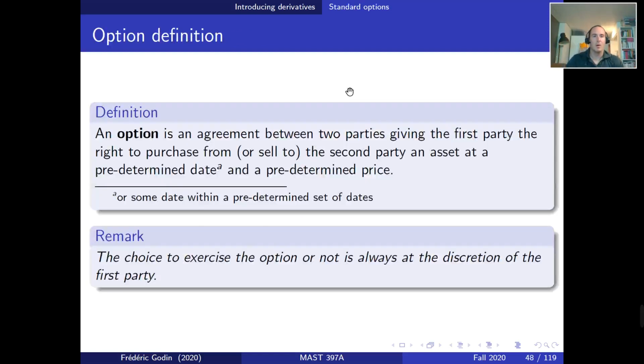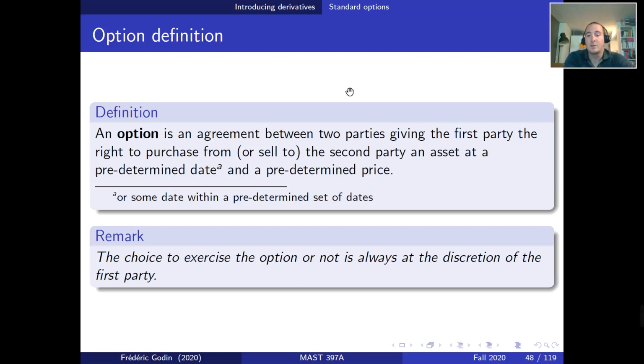Okay, so now we've completed the study of forward and futures contracts. Now we'll go into studying options. So what is an option? An option is an agreement between two parties or two institutions which gives the first party the right to purchase from or sell to the second party some asset at a predetermined date and a predetermined price.